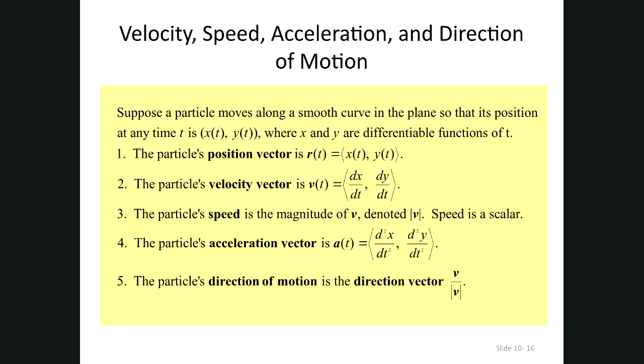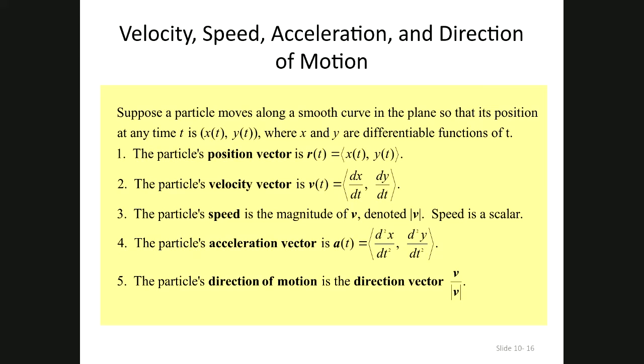All right, so that was just a real quick review of vectors. Here is the calculus of it. And once you know derivatives and all that, it doesn't really change much. So the position vector is just x of t, y of t. The velocity vector would be just the derivative of x, derivative of y.